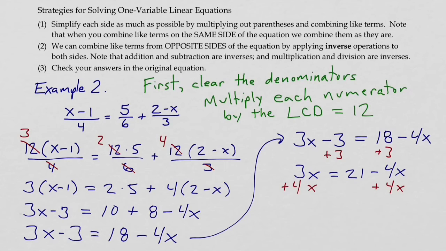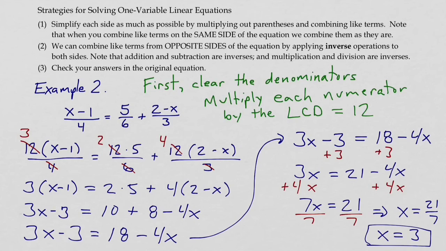And so we end up with 7x equals 21. The final step is to divide both sides by 7. Since 7 is multiplied with x, the inverse operation is division. And we end up with our final answer of x equals 21 over 7. In this case, 21 is divisible by 7, so we get x equals 3.